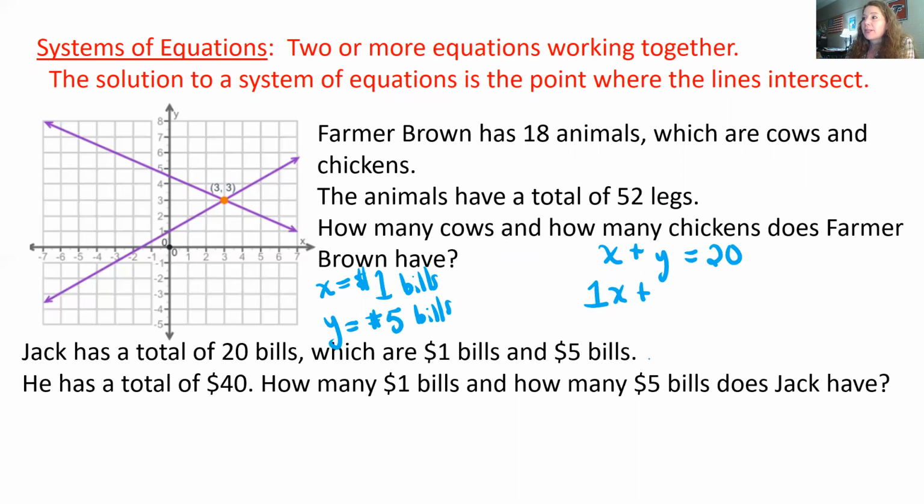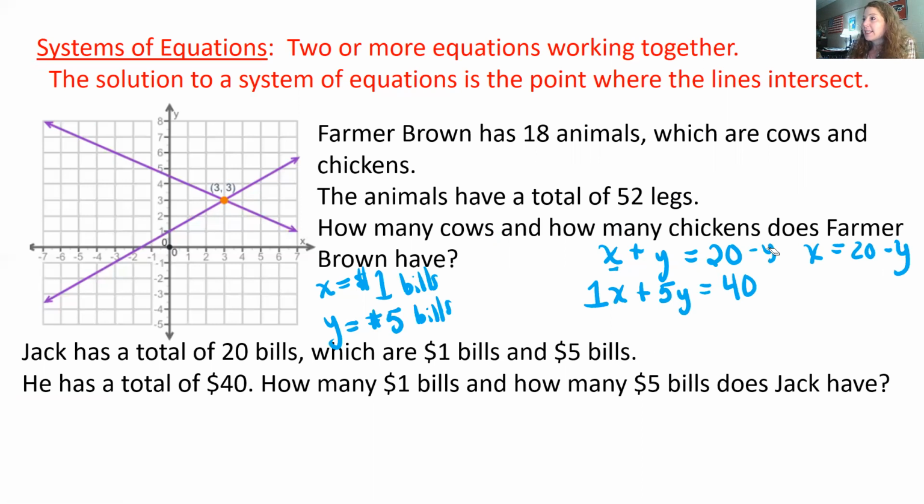And then the $5 bills, however many we'd have, we would multiply that number by 5 because $5 bills are worth $5 to get a total of $40, right? Once again, this time let's solve for X. Well, the only way to get rid of plus y is to subtract y from both sides. So X is equal to 20 minus y.